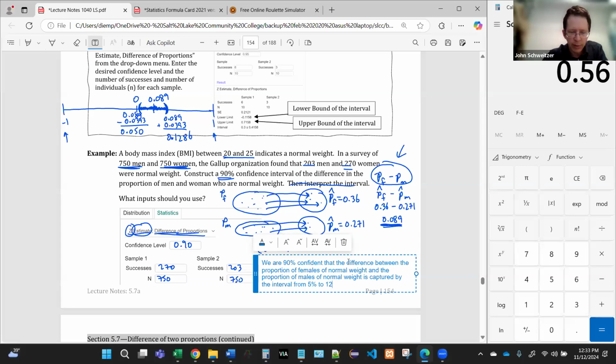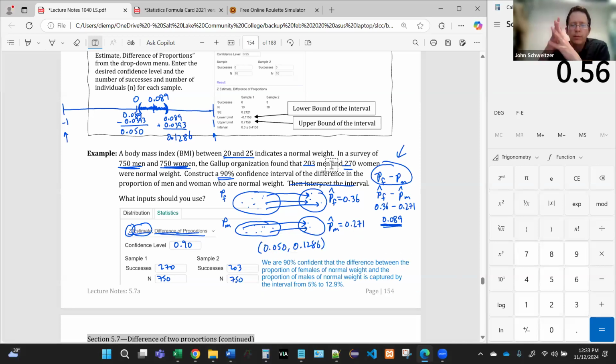Maybe I'll just round it to 12.9%. Hopefully that's not confusing. So we're 90% confident that the difference between the proportion of females of normal weight and the proportion of males of normal weight is captured by the interval from 5% to 12.9%.